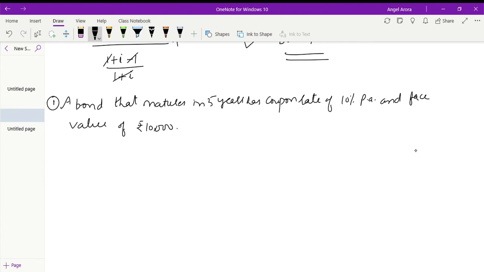Find the fair value of the bond if yield to maturity is 8%.